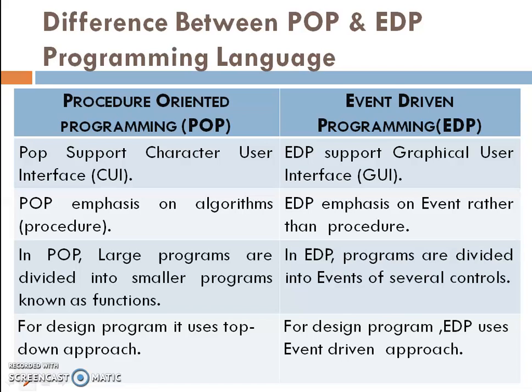Then next point in POP is large program are divided into small program is called function. In EDP program are divided into event of several controller. Now next point in POP is for design program it is used top-down approach. And next point of EDP is for design program approach is event-driven approach.